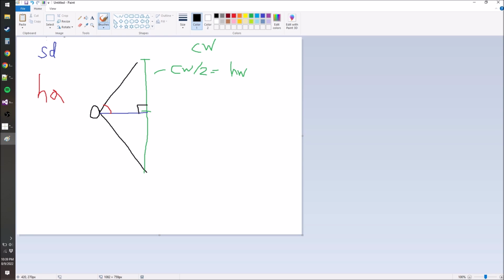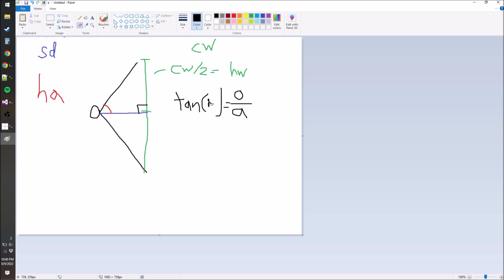Because of trigonometry, this up here is the hypotenuse, which we don't care about. This right here, screen distance, is the adjacent side. And the half width of the canvas is our opposite side. So opposite over adjacent, by the rules of SOHCAHTOA, is the ratio that we calculate when we do tangent of our half angle.